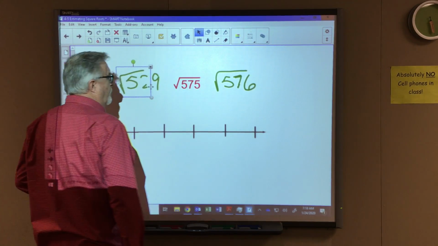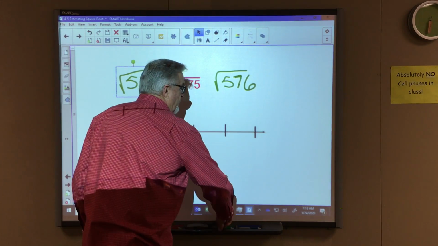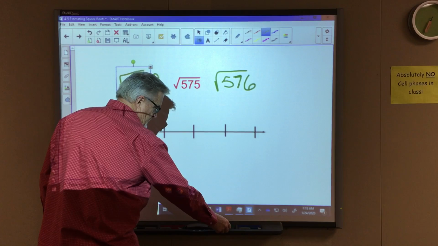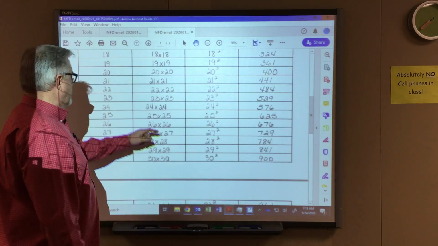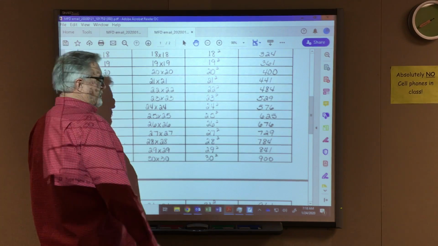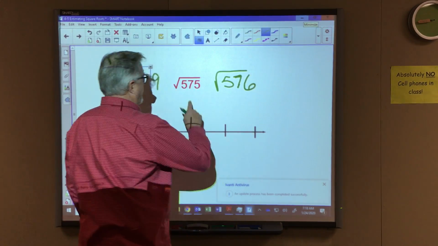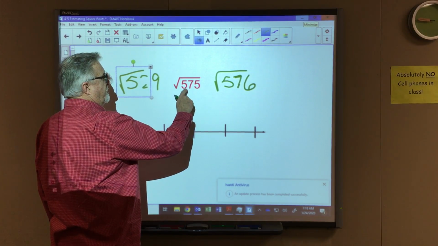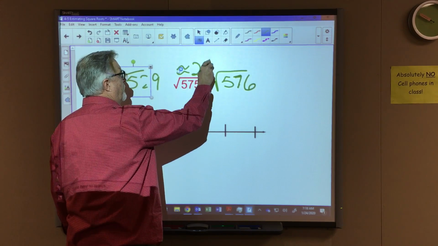Okay, we're a lot closer to this, and the square root of 576, let's go back to our table. The square root of 576 is 24. So we're going to use 24 as our estimate. So we're going to say that the square root of 575 is about 24.